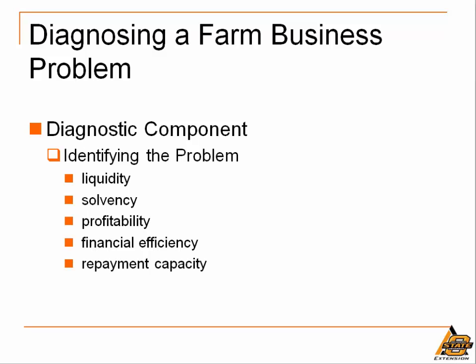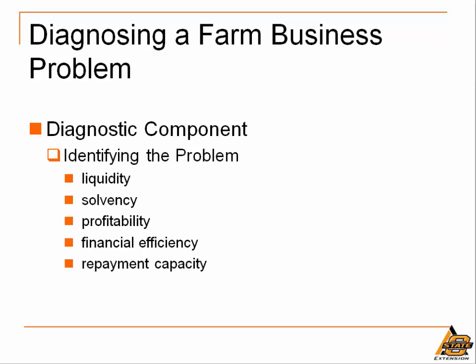For example, we could have a farm that is very solvent and perhaps even profitable, but is experiencing debt repayment and liquidity problems that are causing financial stress. We could also see the opposite. Farms that seem to have plenty of cash but have persistent long-term profitability and perhaps even long-term solvency issues.